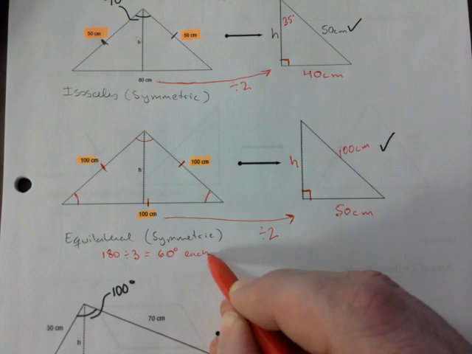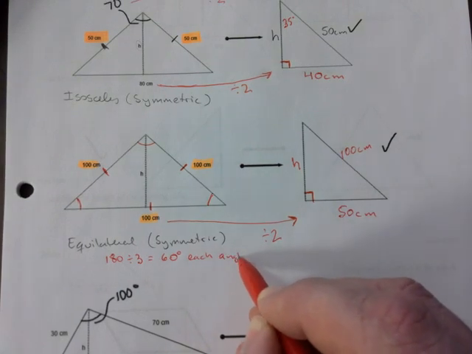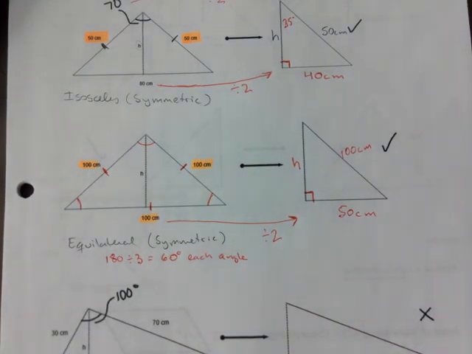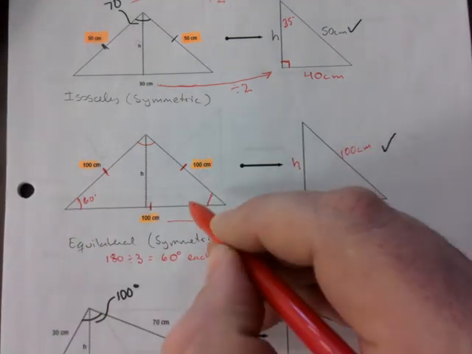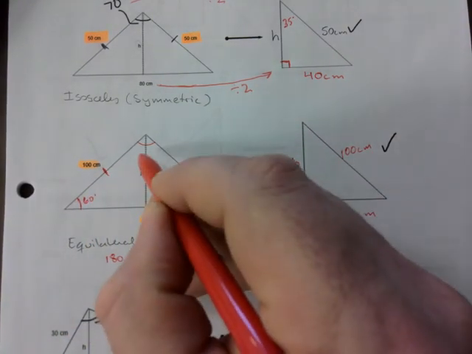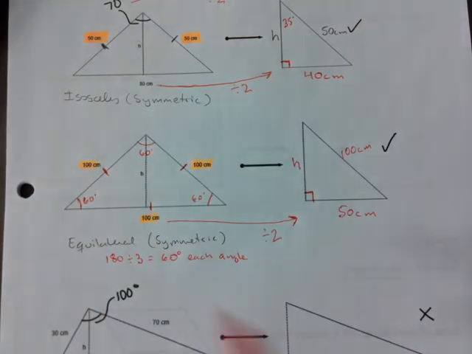I'm just going to write that down here. So this is 60, this is 60, and this is 60. Okay? All three angles are 60 degrees on the original.